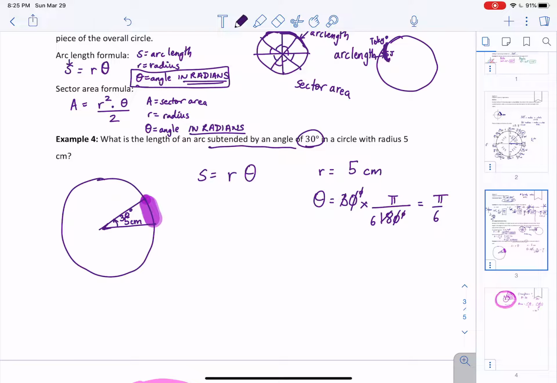So now I can just substitute that into my formula. r is 5 centimeters times the angle pi over 6. And I get the arc length is 5 pi over 6 centimeters. And I can calculate that, 5 pi over 6. That's about 2.6 centimeters. So I know that that piece of the circle is 2.6 centimeters long.